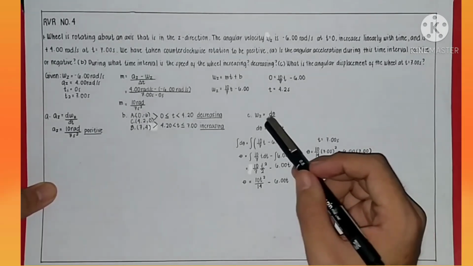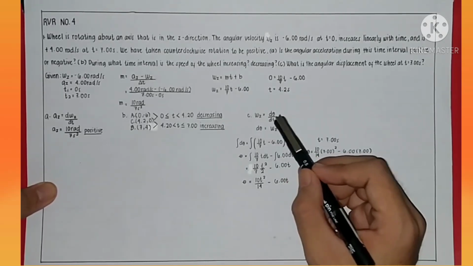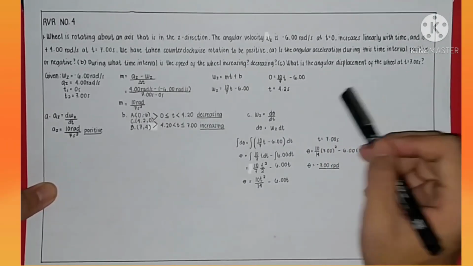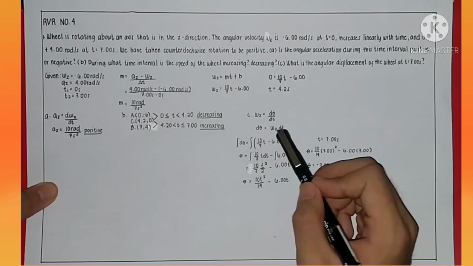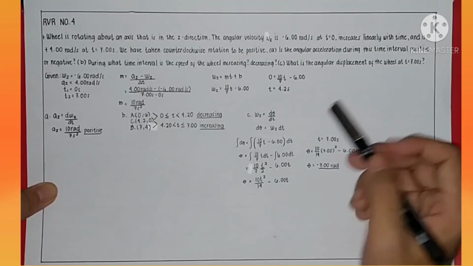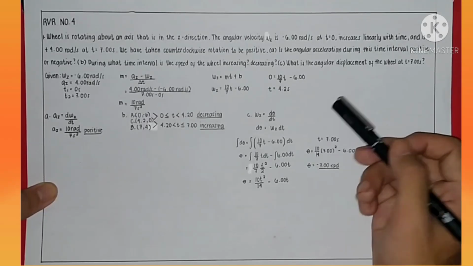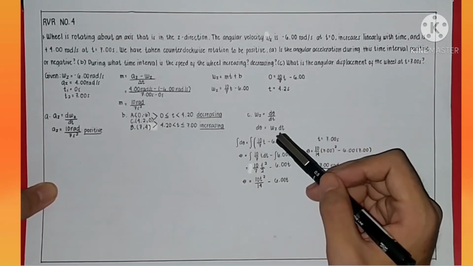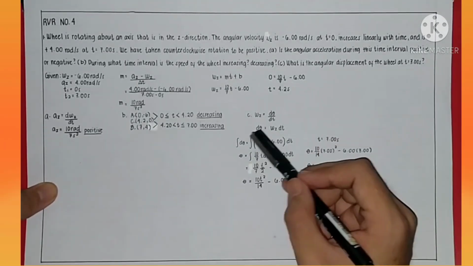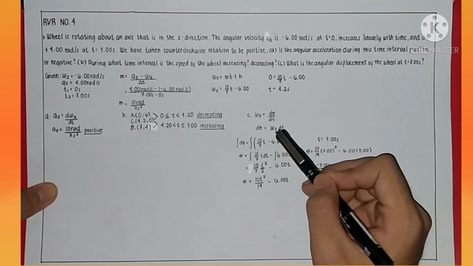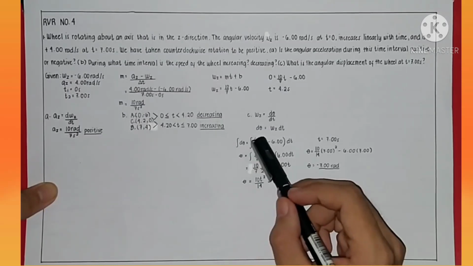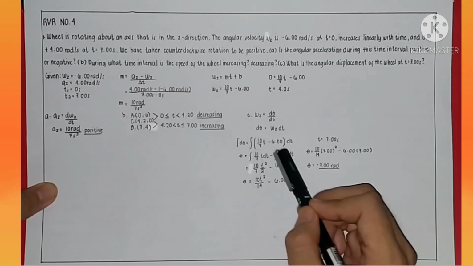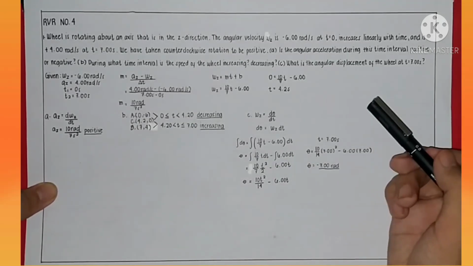In this problem, the formula I used is ω_z equals dθ/dt. Since we are looking for angular displacement, I manipulate the formula into dθ equals ω_z dt, where ω_z is the linear equation of ω_z. To get the angular displacement, we integrate this equation, so the integral of dθ equals the integral of ω_z dt, which is the quantity of 10/7 times t minus 6.00 dt. Then we simplify.